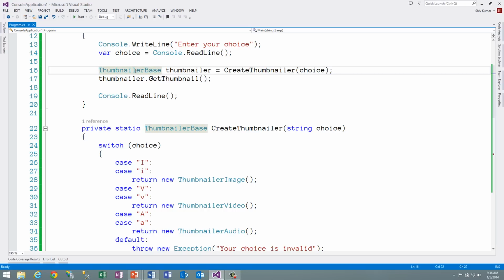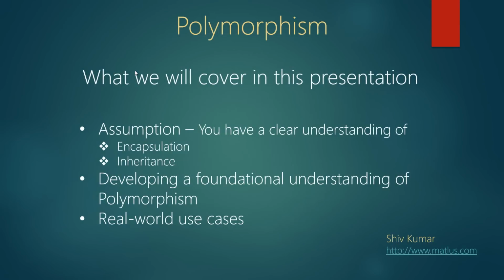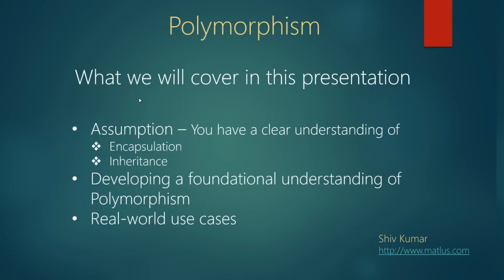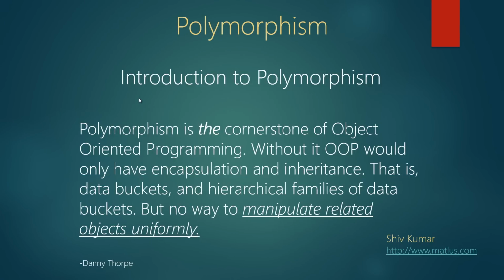Okay. Now we switch over to slides. Okay, so polymorphism. Of the three pillars of object-oriented programming, being encapsulation, inheritance, and polymorphism, polymorphism is the cornerstone of object-oriented programming.